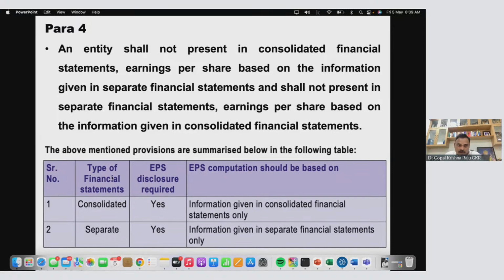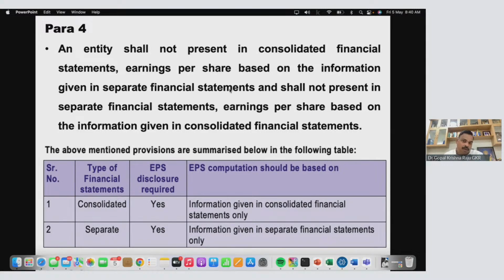If it is consolidated, EPS computation should be based on information given in the consolidated financial statement only, and for separate, information given in the separate financial statement only.